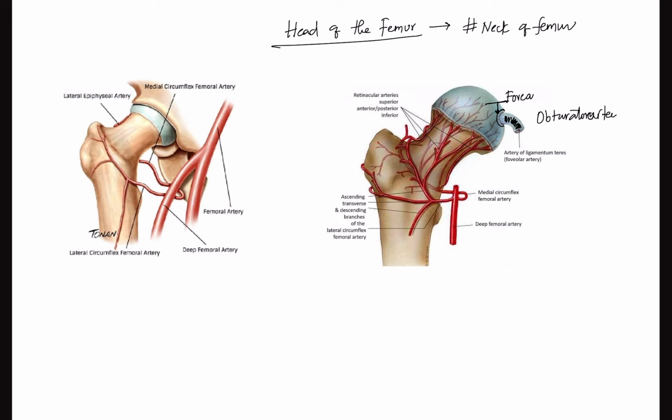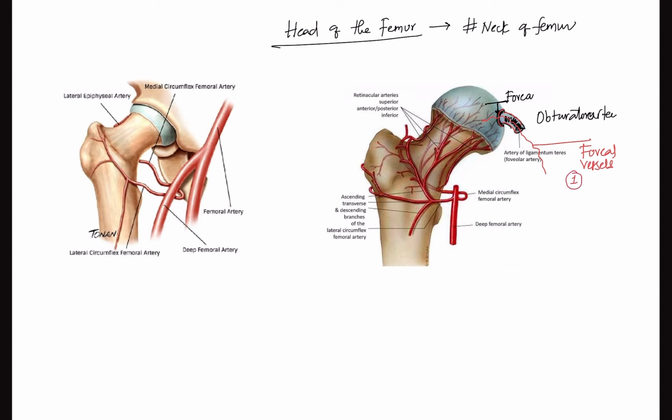This fovea has ligamentum teres, which is an attachment, and within this ligamentum teres you have blood supply coming from the obturator artery, and these branches are known as foveal vessels. So foveal vessels supply not a predominant part, but a minute amount of blood is supplied through the foveal vessels, which are branches of the obturator artery, and they enter through the fovea with the help of the ligamentum teres. This is one blood supply to the head of the femur.